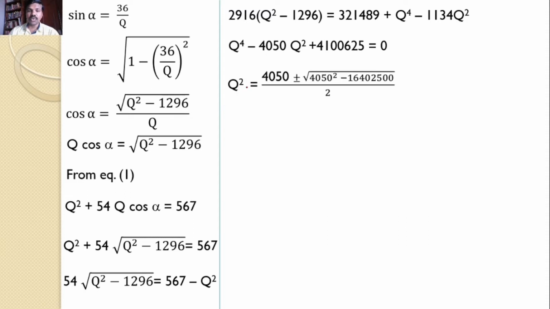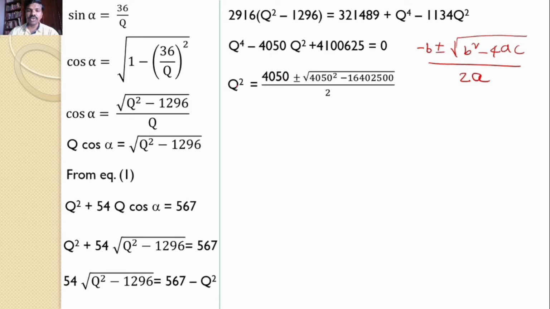Okay. So q square is equal to, for any quadratic equation, you know the solution is equal to minus b plus or minus square root of b square minus 4ac, by 2a. According to that, b becomes minus 4050, a becomes 1 and c becomes 4100625.